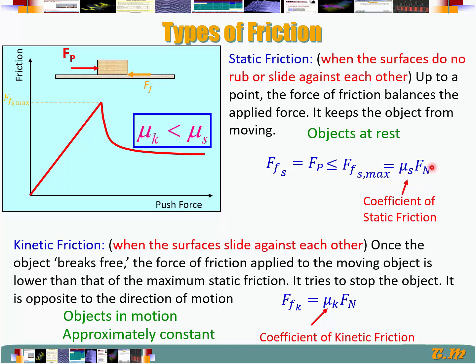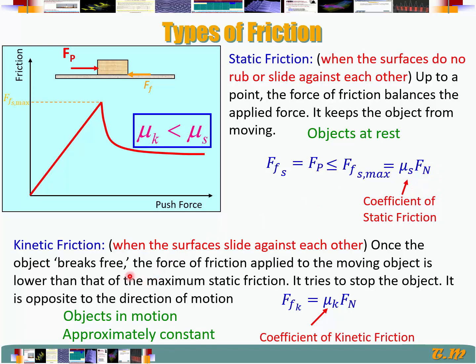And the coefficient of static friction, which depends on both surfaces, is obtained when we write the maximum static friction force equal to μs times the perpendicular force between both surfaces.